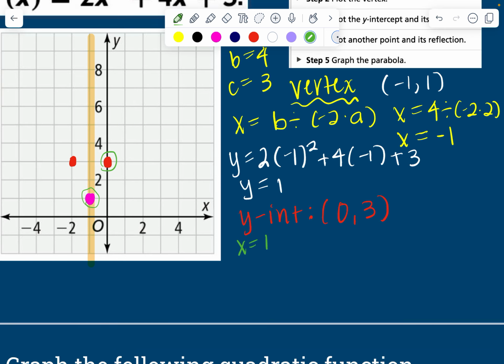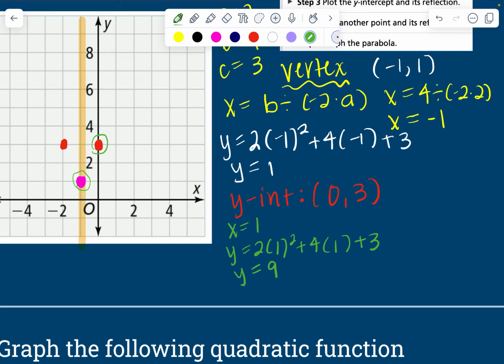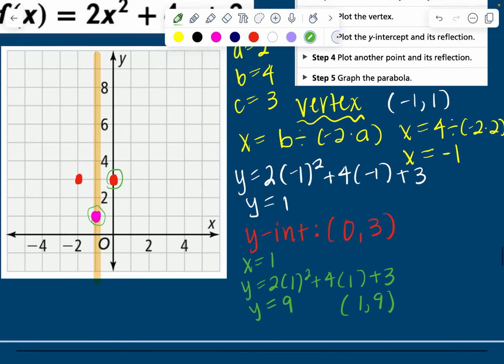Plug that into my equation. So when x is 1, y is 2 times 1 squared plus 4 times 1 plus 3, which means the y value of my second point is 9. So I have another point at 1, 9.